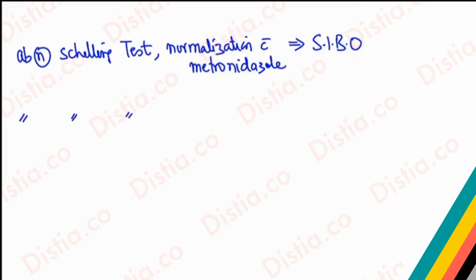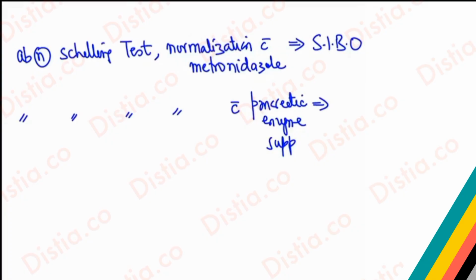Let me write this again so that you can be more sensitized to this. Suppose you get a question in the exam that says a person is having an abnormal Schilling's test, and then there is a normalization occurring, but this is occurring with pancreatic enzyme supplementation. This means this person was suffering from chronic pancreatitis, because if there is a pancreatic enzyme deficiency, even then B12 is not absorbed.